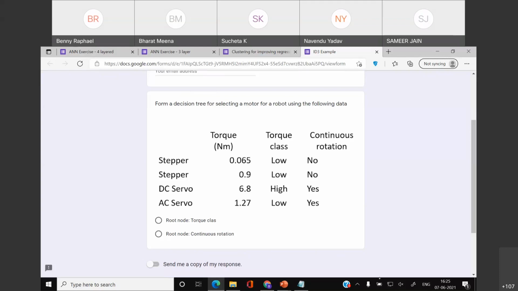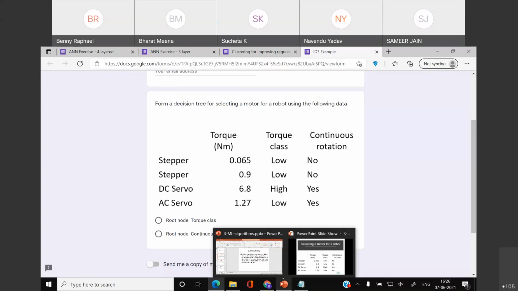Whereas if you take the torque class, for the low value you have two possibilities, AC servo and stepper, so you have more variation. So it's correct that continuous rotation is the better one, because you get more homogeneity in the data subset. What you said is correct. But in reality, if you want to do this, you have to use the formula for entropy.